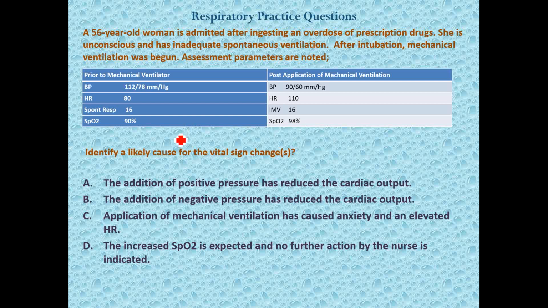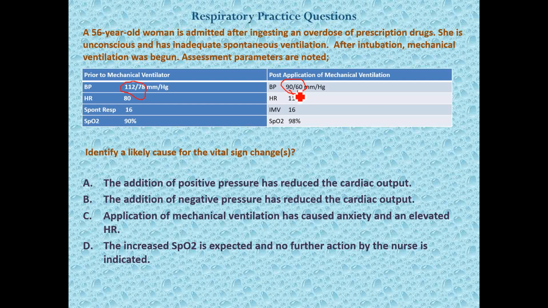I know that you can figure this out, but we're just going to go through it in the details. The blood pressure was 112/78 prior to the mechanical ventilation, but now it has dropped slightly. It's still within a mostly normal parameter, but the systolic to diastolic numbers are closer together.